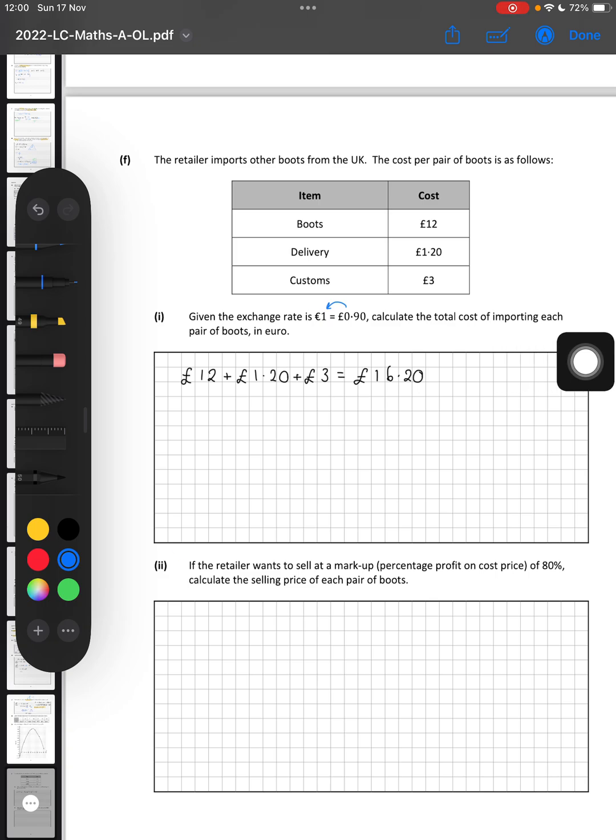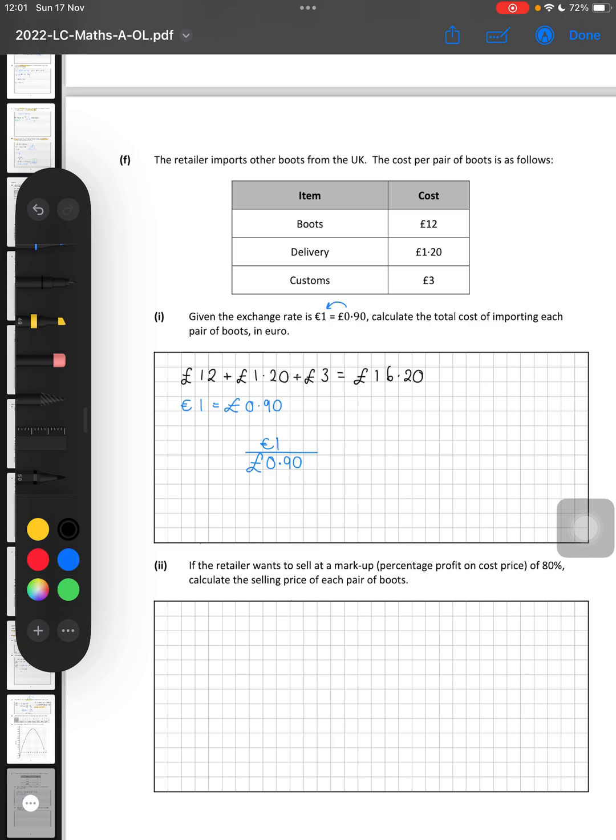Or what I like to do is write this currency conversion as a fraction. How I decide what goes on the top and the bottom is that whatever currency they gave me goes on the bottom of the fraction, and the currency that I want is on the top.